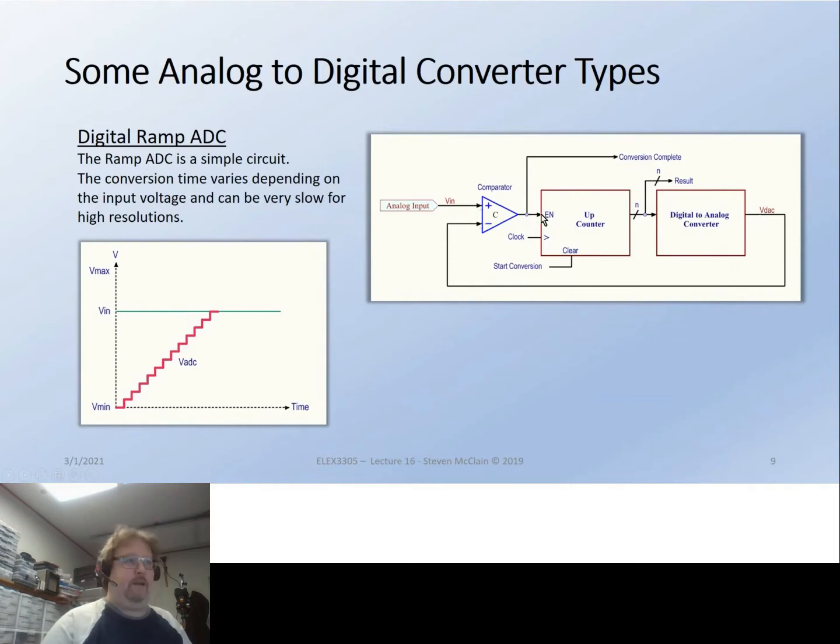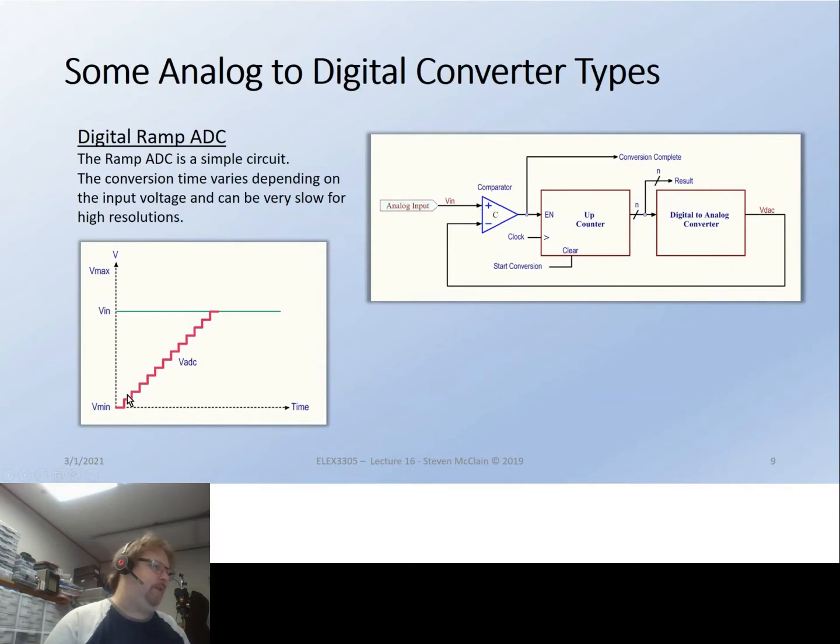Okay, we're going to compare our analog input against that reference. And if it's higher, then we're going to enable the up counter, and the clock is going to clock it one more clock, and now it's going to have a slightly higher reference, still be enabled, and eventually this will count up to a certain point at which this comparator says, no, we've hit it.